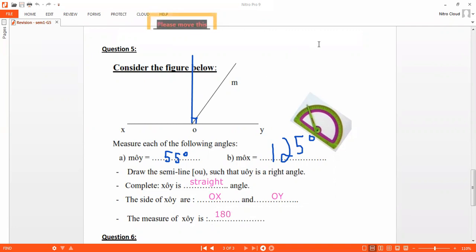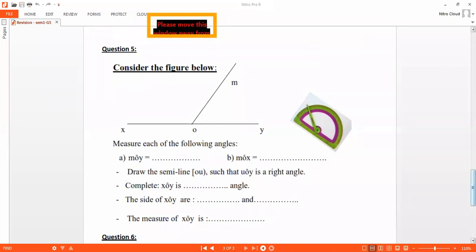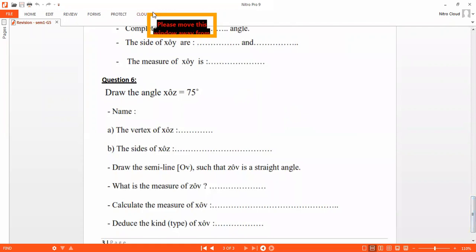Now let us go for the last question, which is also about angles. In this question, we need to draw an angle XOY. Of course, you're going to use a protractor, but I'm just going to draw it approximately. I think that you have a shape like this.